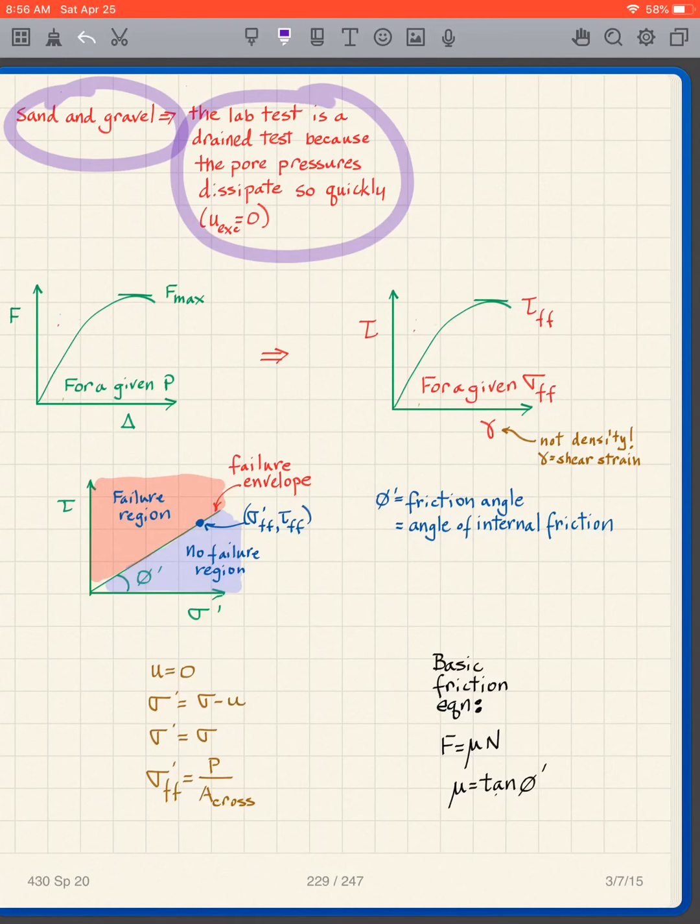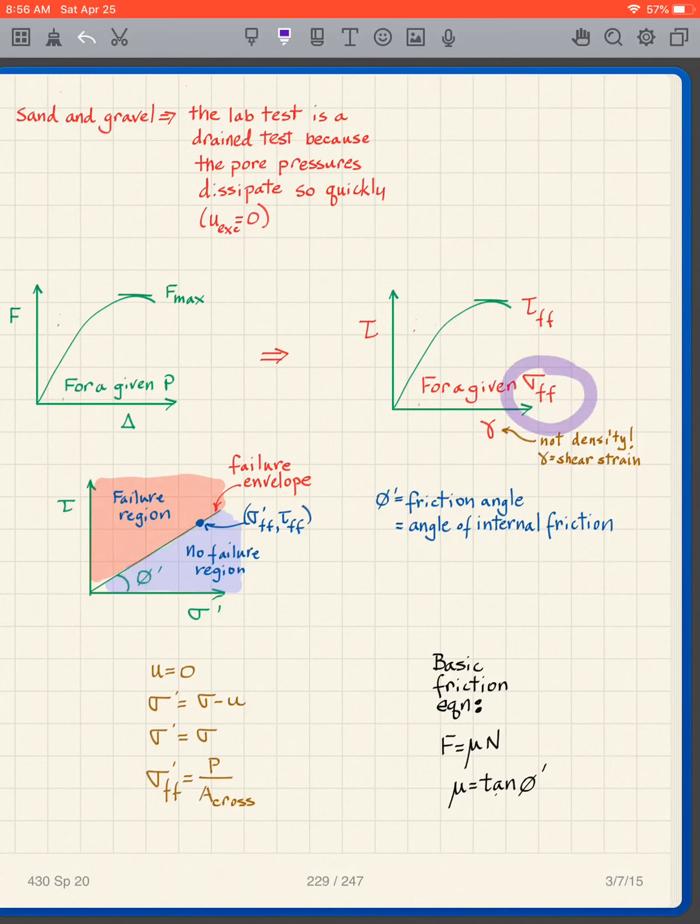In other words, we're not going to run it so quickly in the lab that we generate excess pore pressures. We just get u excess equals 0 because the pore pressures dissipate so quickly. Now, if I change my sigma FF, that means I change my tau FF, so I can run a series of these at different sigmas.